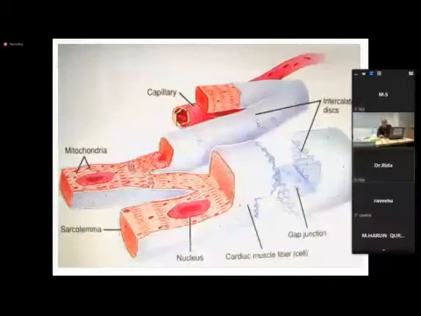intercalated discs. And at the intercalated disc, where the two cell membranes are fused, there are thousands of gap junctions. And as the name suggests, there is a gap between these junctions.